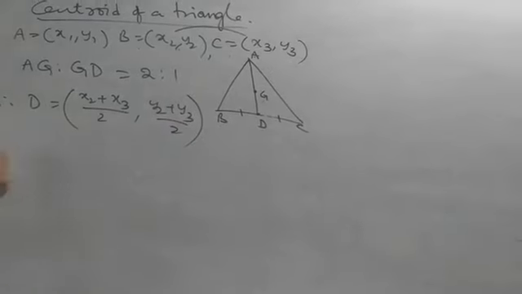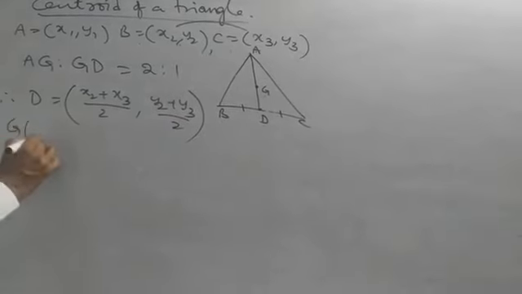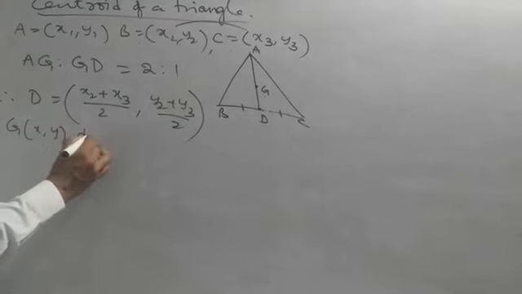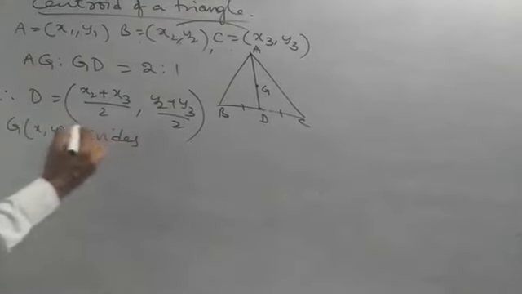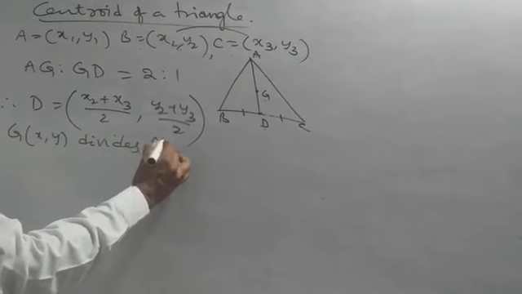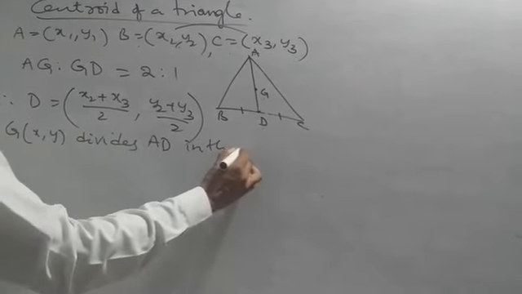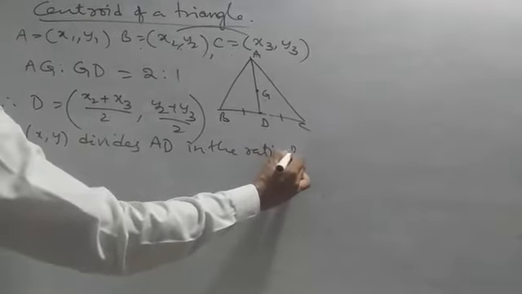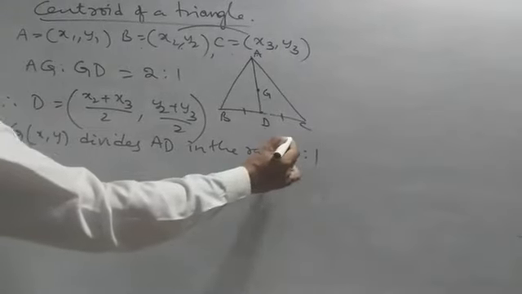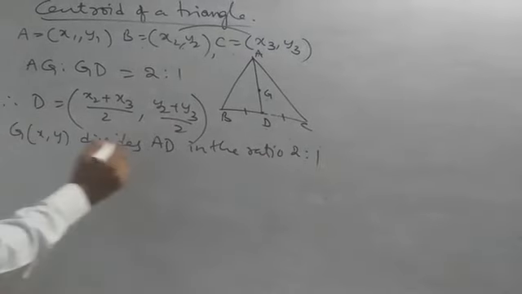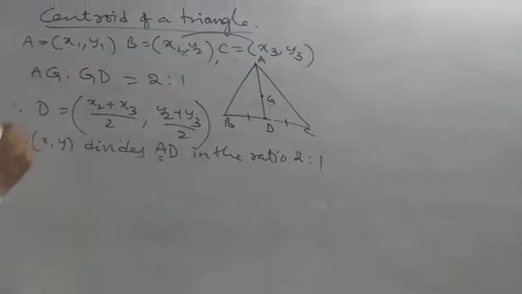Now G of x comma y divides AD in the ratio 2:1. So m value is 2, n value is 1. And A we already know is nothing but (x1, y1).